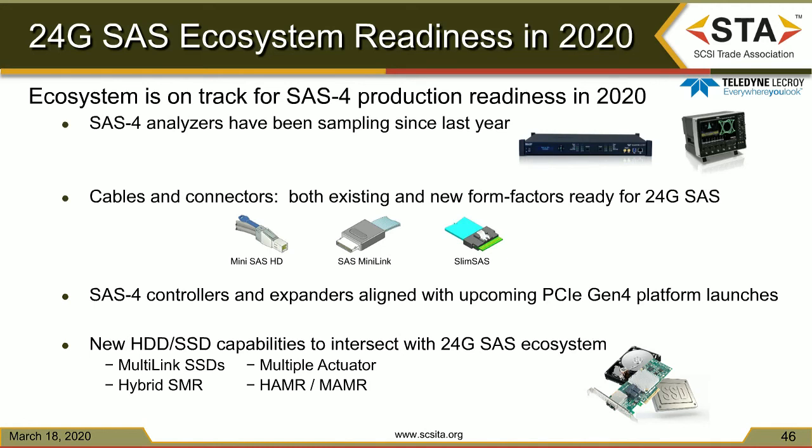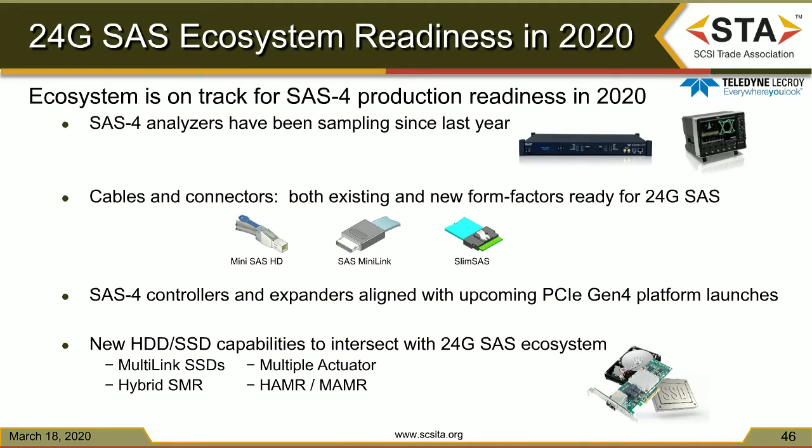But really quickly. The 24 gig SAS ecosystem continues to grow and be ready. We're planning on production readiness in 2020. Of course, the analyzers, like those from Teledyne LaCroix, have to be there. And the rest of the ecosystem, including cables and connectors, controllers, expanders, RAID adapters, HBAs, and of course, hard drives and SSDs that can take advantage of 24 gig SAS features and capabilities.